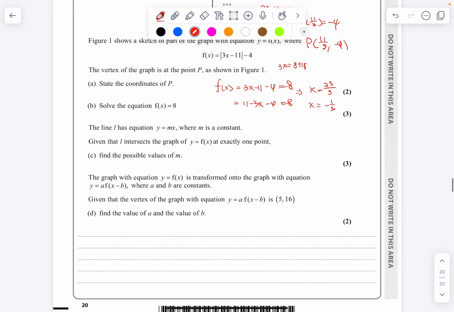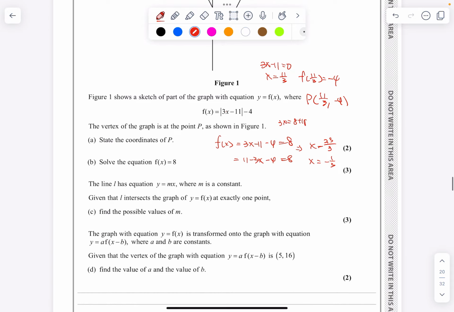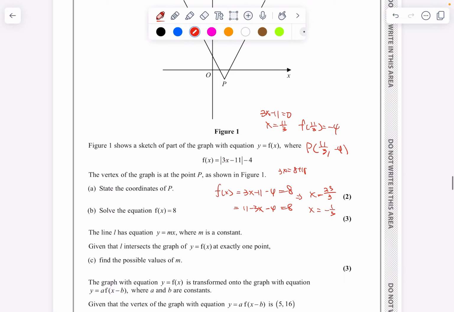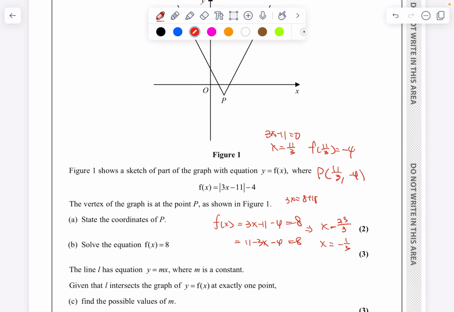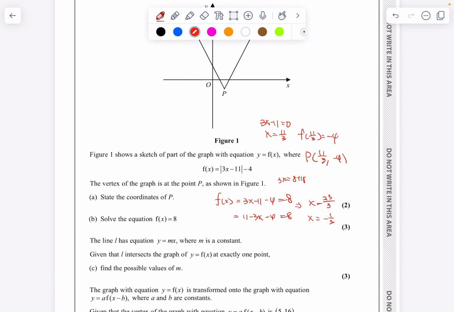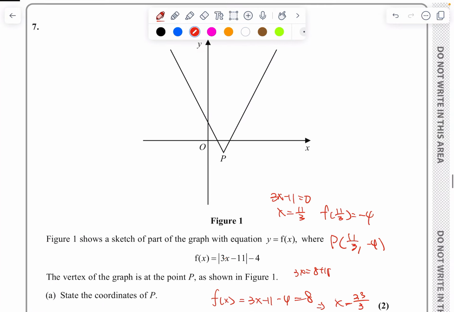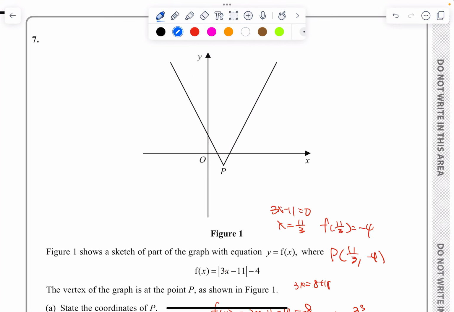The line L has equation y equals mx, where m is a constant. Given that L intersects the graph at exactly 1 point, find the possible values of m. So immediately, you can imagine the line must pass through the origin, because it's y equals mx, right?